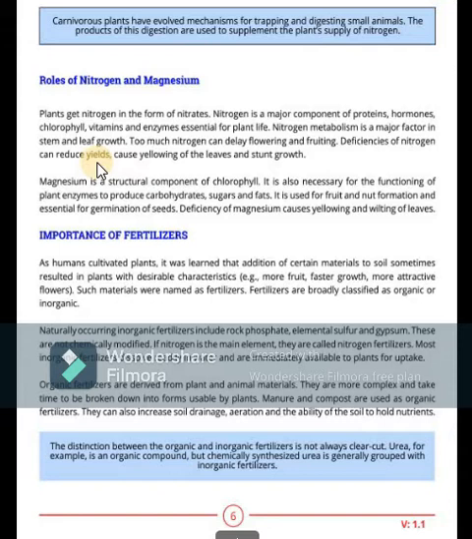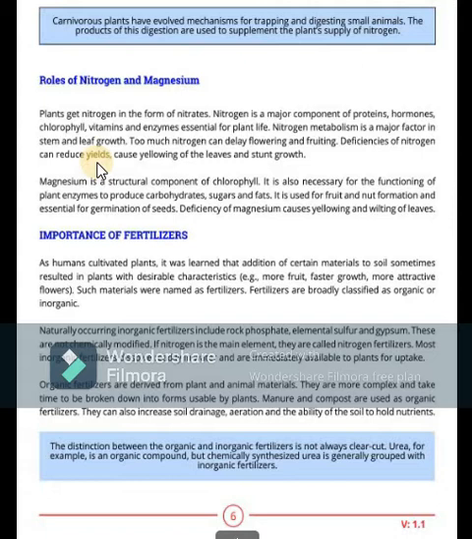It helps in stem and leaf growth, and too much nitrogen can delay flowering and fruiting. The deficiency of nitrogen can reduce yields, cause yellowing of the leaves and stunt growth. This means that an excess or a lesser amount of these nutrients can affect plant life.